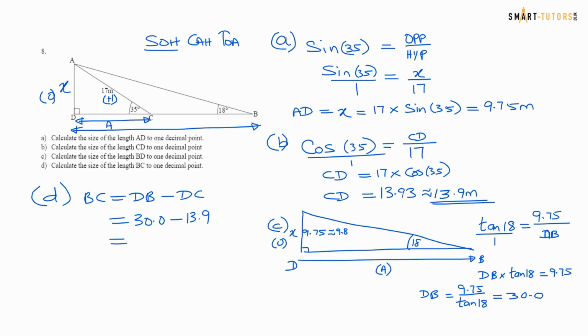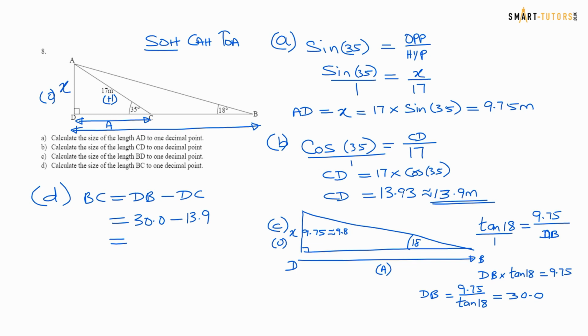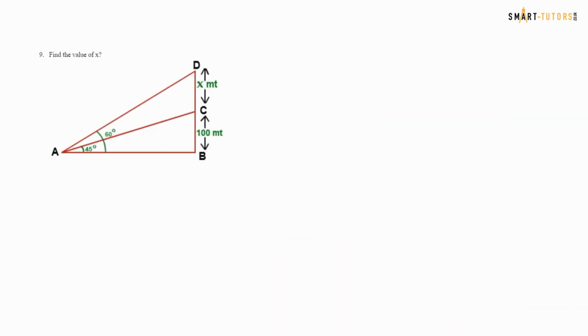So if you take away one from the other, you'll get the answer. 30.0 minus 13.9, and the answer is 16.1 meter. So that is the answer for question number 8. Let's go to the next topic.